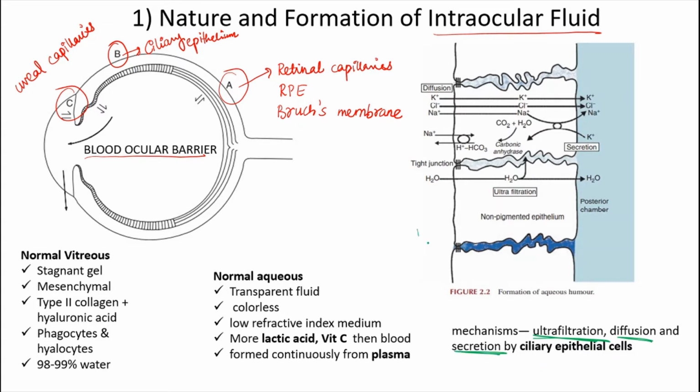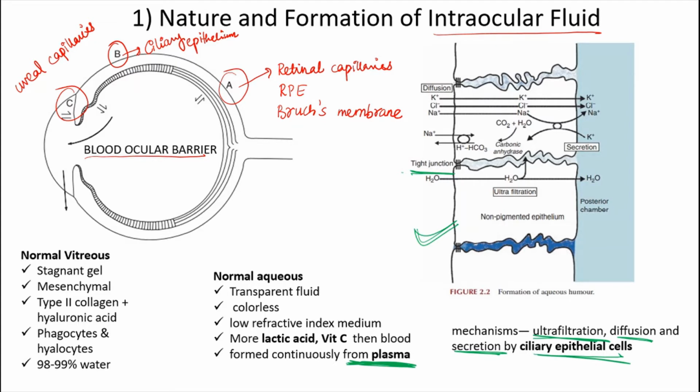This diagram, these are your ciliary epithelial cells. They are adherent with each other via tight junctions through which secretions happen. Fine. So ultrafiltration, diffusion and secretion from the plasma by ciliary epithelial cells will result in the formation of your aqueous humor.